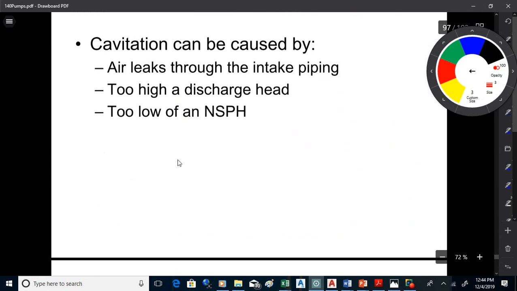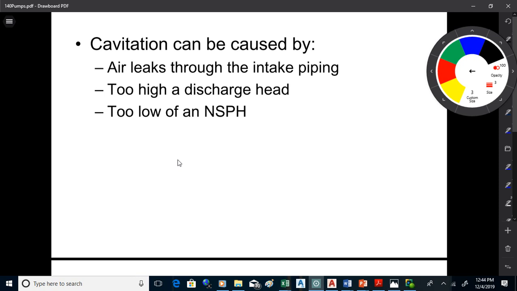Now, here's what can cause this. First is simple: air leaks in the intake piping. If you have a pump that's doing this, that's one thing you want to look for. If you have fittings in there that aren't sealed properly, you can be pulling air, and that causes problems. Too high of a discharge head can cause a rough transition from the volute to the discharge piping.